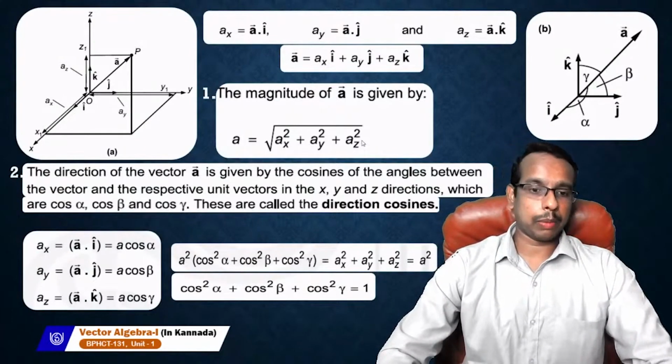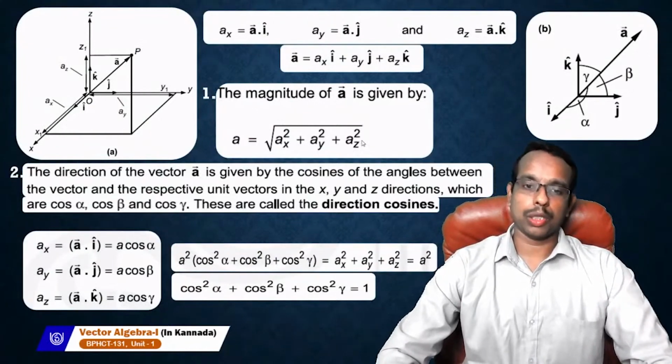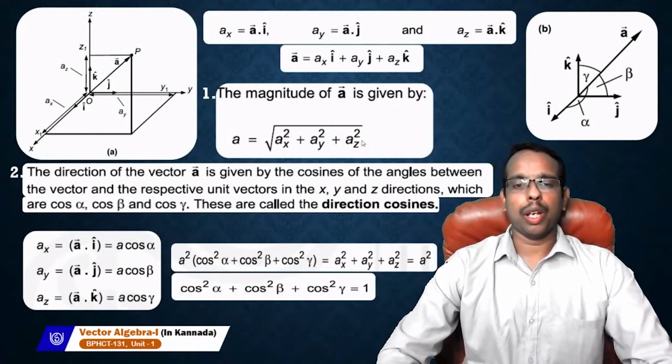When you explain these direction cosines in terms of the vectors, along the x-axis ax is equal to a cos alpha, ay is equal to a cos beta, same as there, where it was cos theta, sin theta. So here az is equal to a cos gamma.